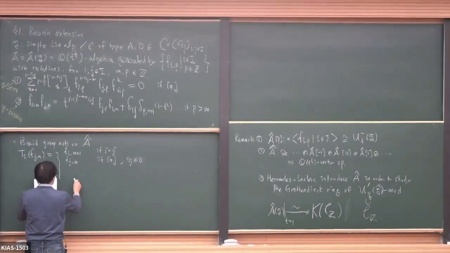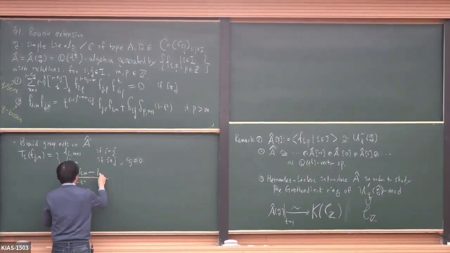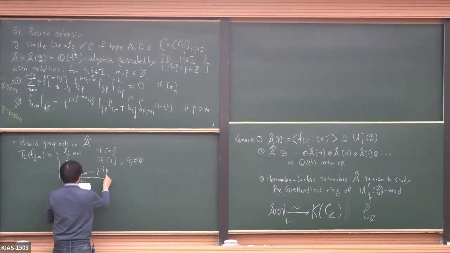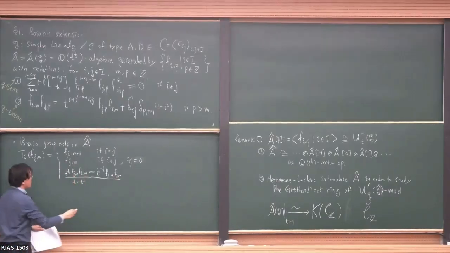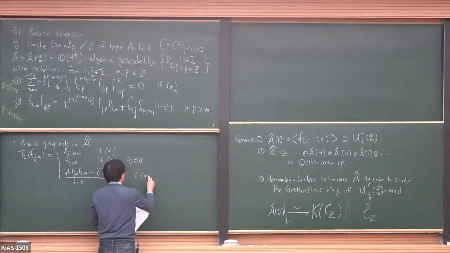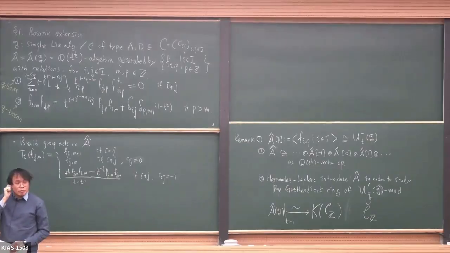And the last one is the most complicated one, involving 1 over F_j^m, F_i^{m-1}, over 2. If i is not equal to j but they are adjacent in the Dynkin diagram, then we have the following formula for T_i.